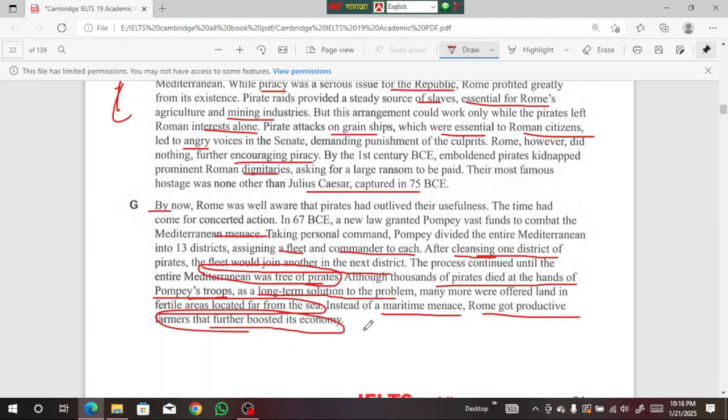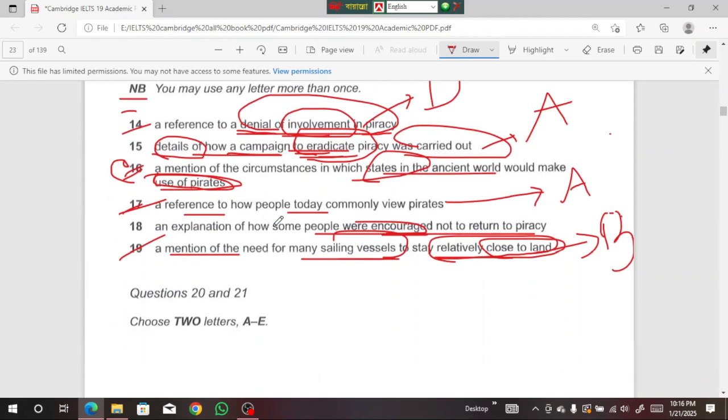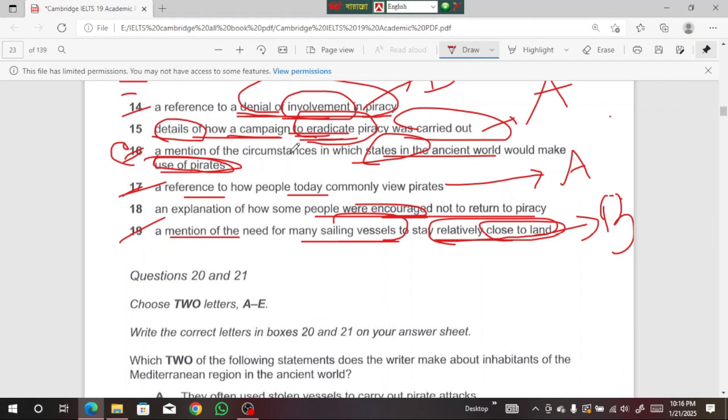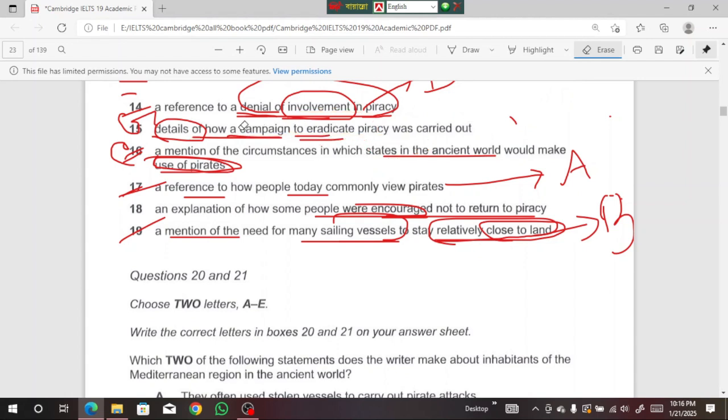Yes, we find lots of information here about the pirates. The details of their eradication, in 15, the answer is G. It clearly says that A is not the answer.